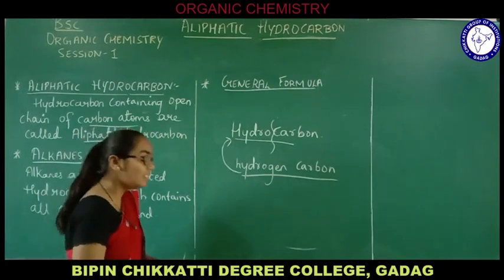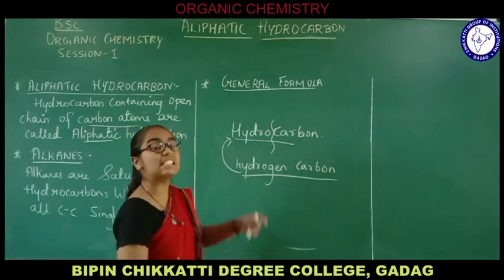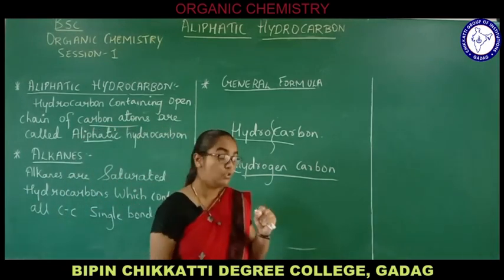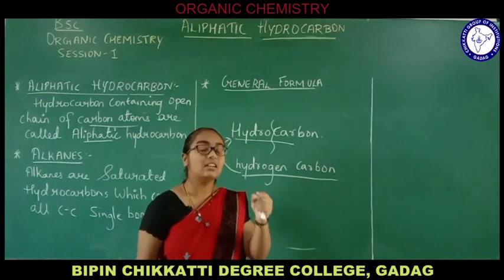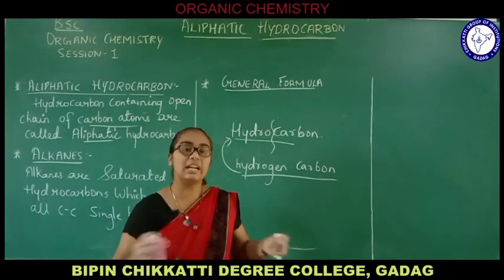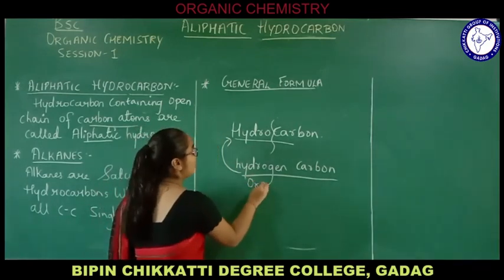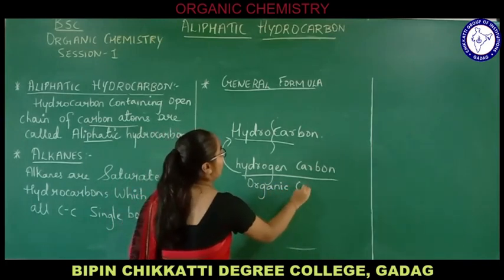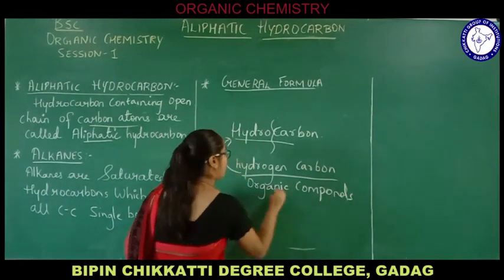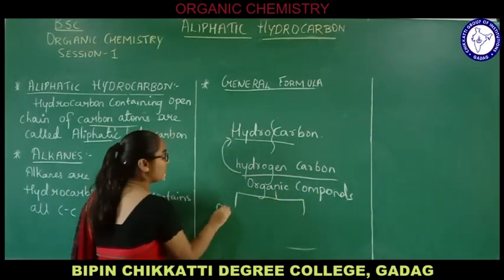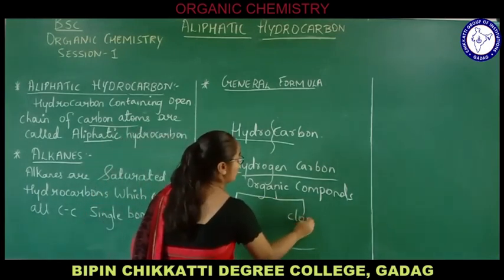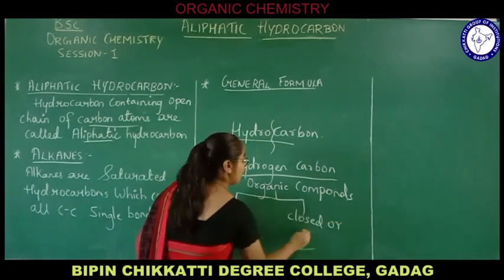Okay, then let's understand the second term, which is aliphatic. In order to begin with aliphatic, you must know that organic compounds are broadly classified into two categories, or two types. The first one is open chain compound, and the second one is closed chain compound, or cyclic compound.